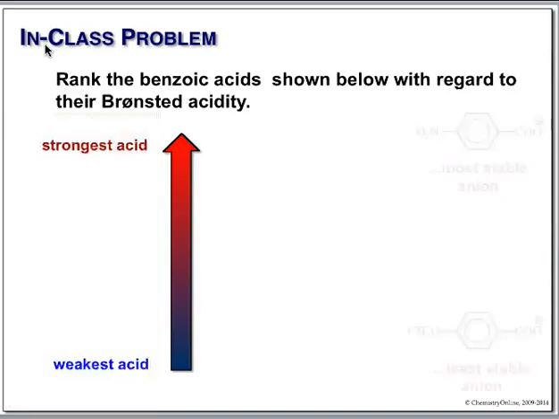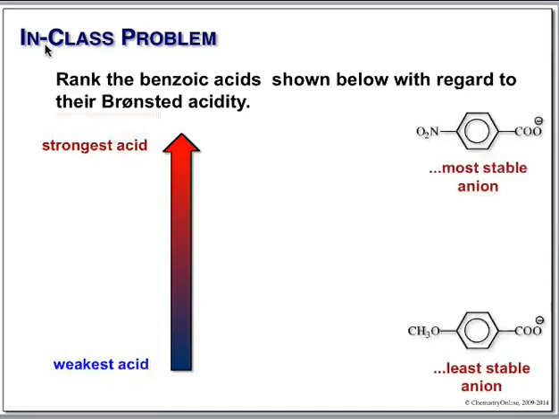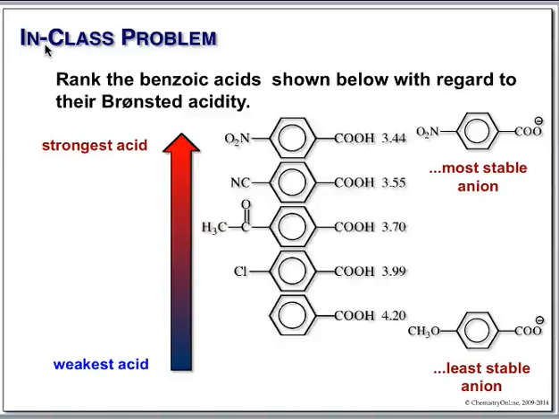The collection should look like this. Most stable anion, strongest acid, least stable, weakest acid, and there's our set. Again, it's just a nice review of electrophilic aromatic substitution.